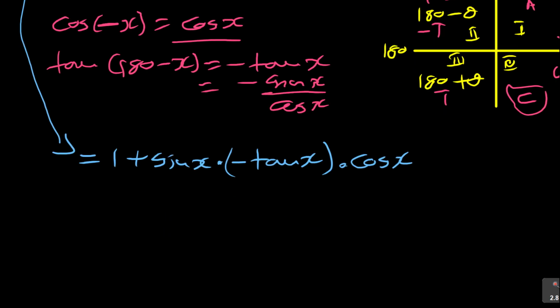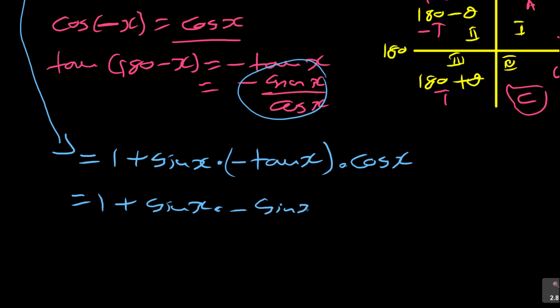And then we continue, which is equal to 1 plus sin x times, now we can convert it to this one now, which is negative sine x over cos x dot cos x. I think that's where this was the better way to take it out.